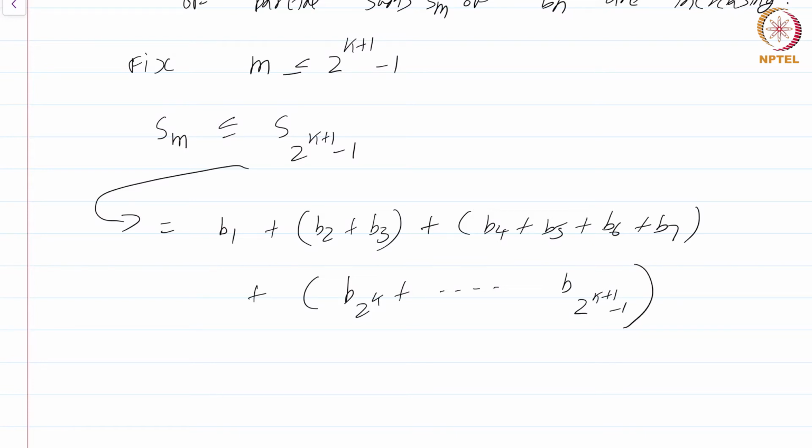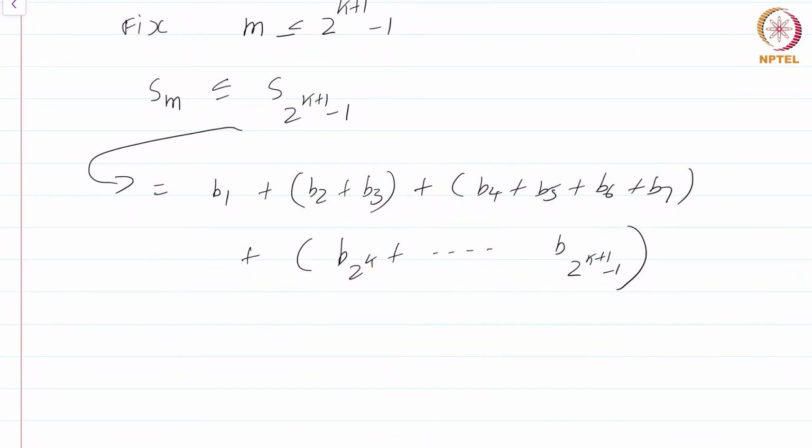Now because Bn is a decreasing sequence, this is less than or equal to b1 plus 2 b2 plus 4 b4 plus dot dot dot 2 power k b 2 power k.